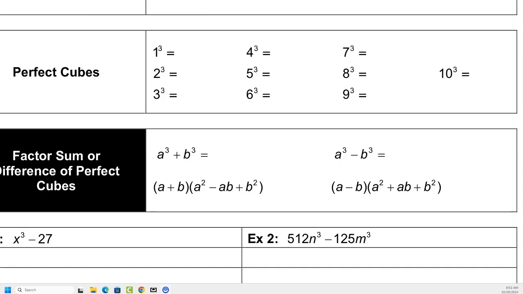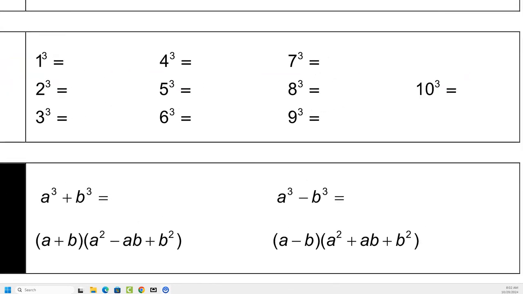So let's see here. So 1 cubed, what's 1 cubed? Isn't it 1?